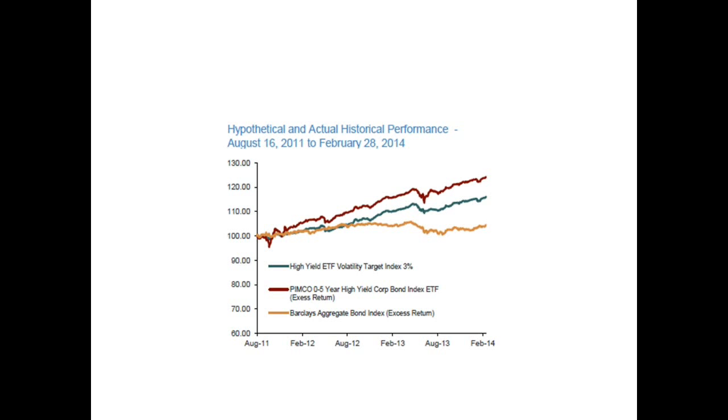Earning better than the Barclays Aggregate Bond Index, not quite as high as the actual ETF itself, but with far less volatility. You'll notice a rather steady growth line from 2011 through 2014. So we expect very, very good performance out of this CD starting early on.